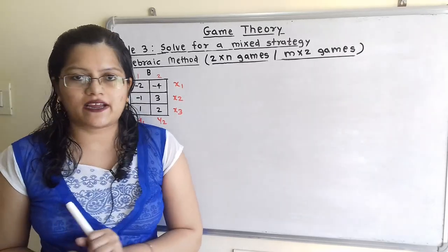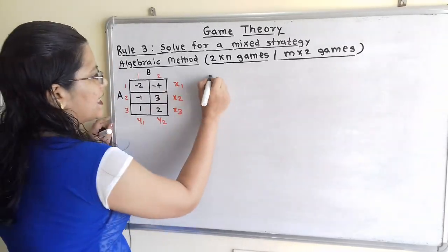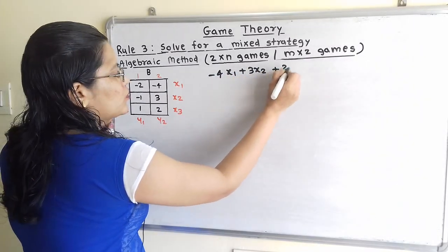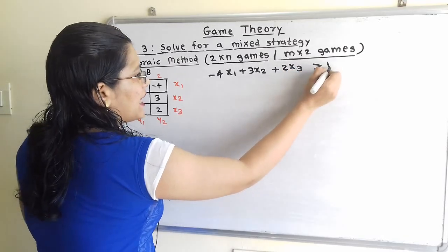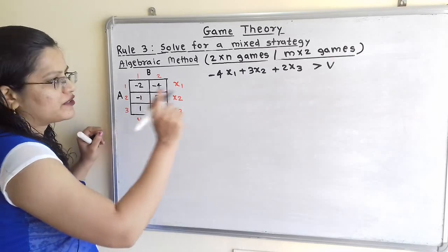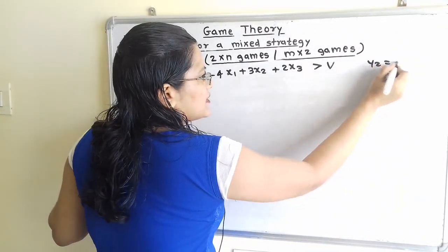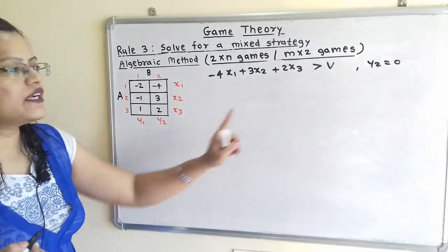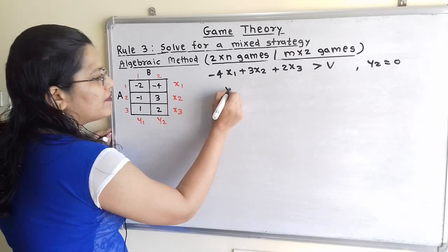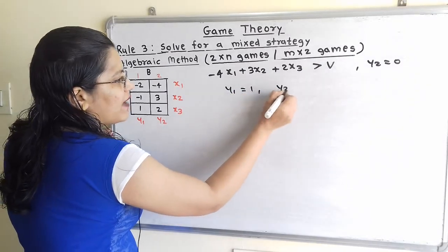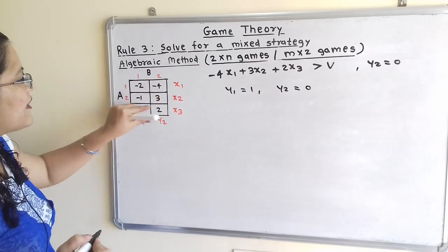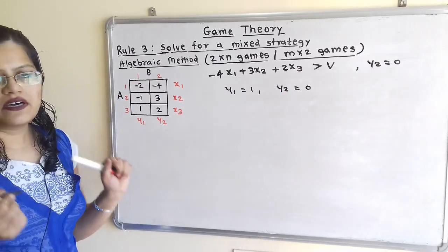Now we will apply this theorem to the second equation. We will write the second equation as minus 4x1 plus 3x2 plus 2x3 is greater than V, then all these elements are related to the frequency y2, so y2 is equal to 0. When we take y2 is equal to 0, then y1 plus y2 is equal to 1, so we will take y1 is equal to 1 and y2 is equal to 0. Now we will put the values in the equations related to y1 and y2.